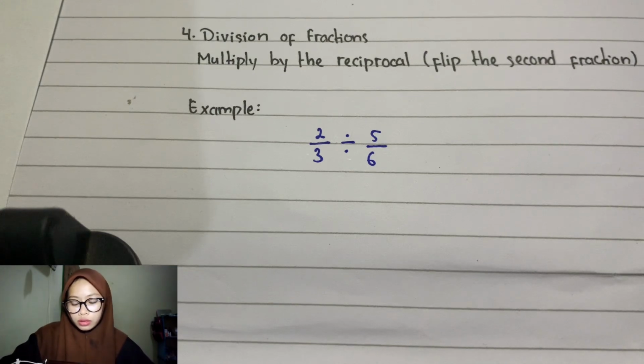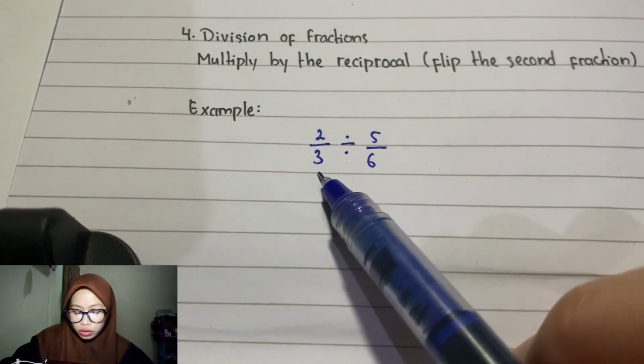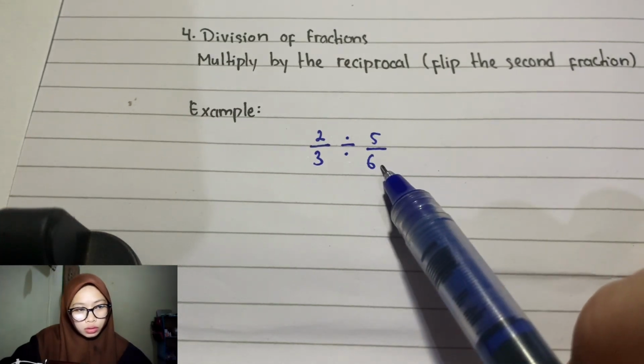Okay, the last one is division of fractions. To divide fractions, multiply by the reciprocal, or flip the second fraction. Like this example, we have 2 over 3 divided by 5 over 6.